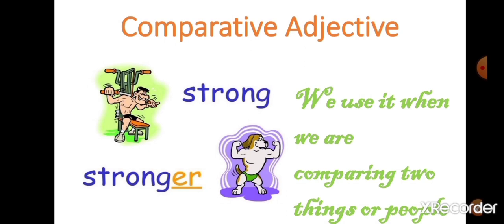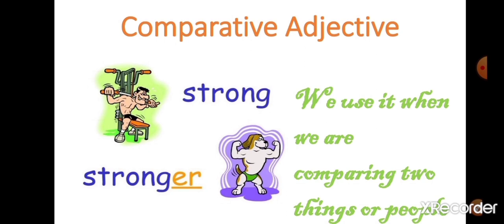Now, comparative adjective. What is this comparative adjective? Adjectives have a form called the comparative. We use this when we are comparing two things or persons. Here in this comparative adjective, we compare only two things, students.